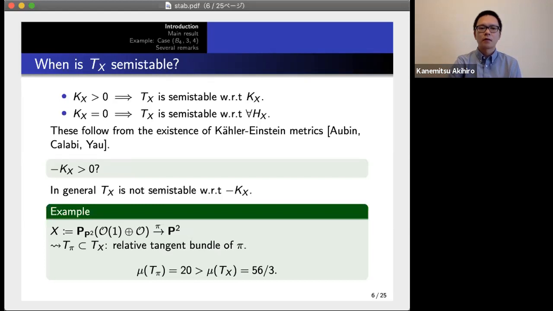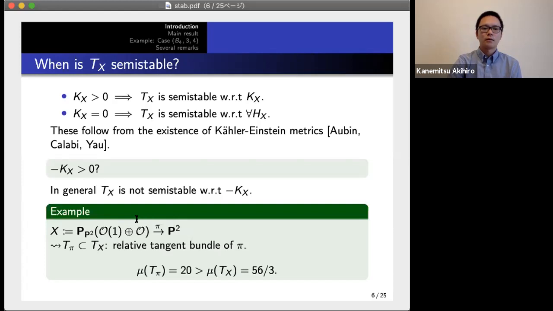But if the canonical bundle is negative, equivalently, if X is a Fano variety, then the situation is different, contrary to these phenomena. In general, the tangent bundle of a Fano variety is not semi-stable. So for example, let X be the projectivization of O(1) and O on P^2 and consider the natural projection.